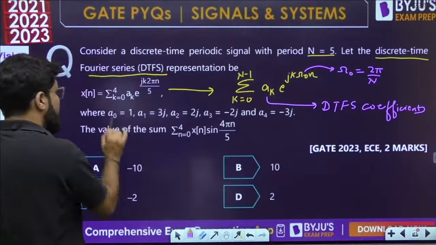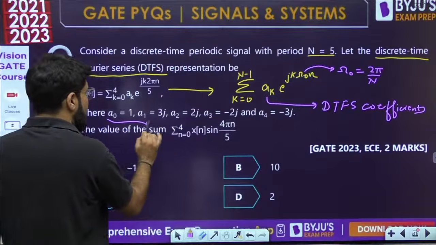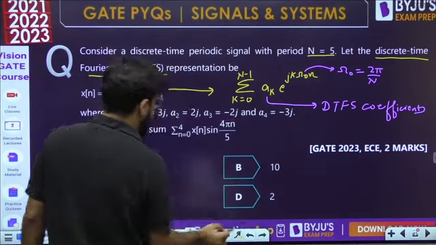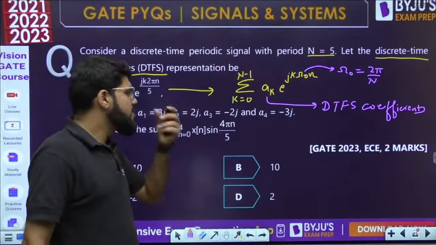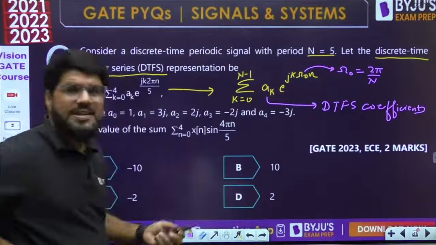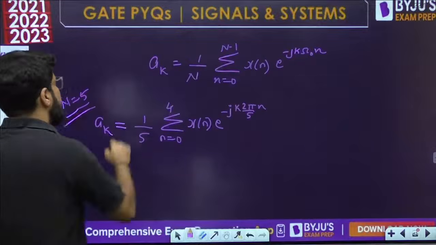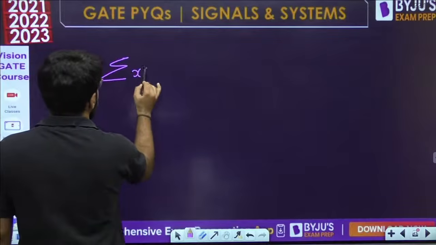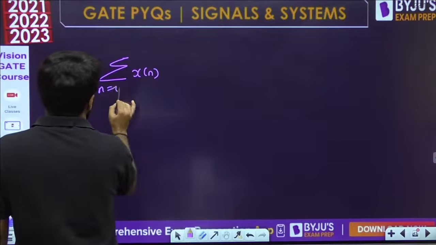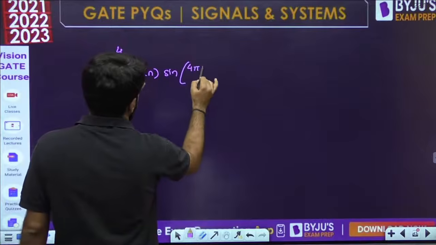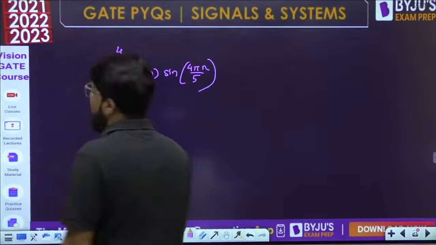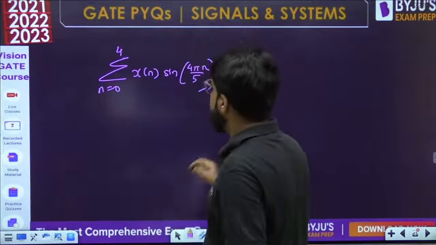Now they have given some Fourier series coefficients a0, a1, a2, a3, a4. What is the value of the summation of x[n] sin(4 pi n by 5)? Let's start with this. The question is asking for the summation over n equal to 0 to 4 of x[n] sine of 4 pi n by 5, and I will break the sine using Euler's identity.